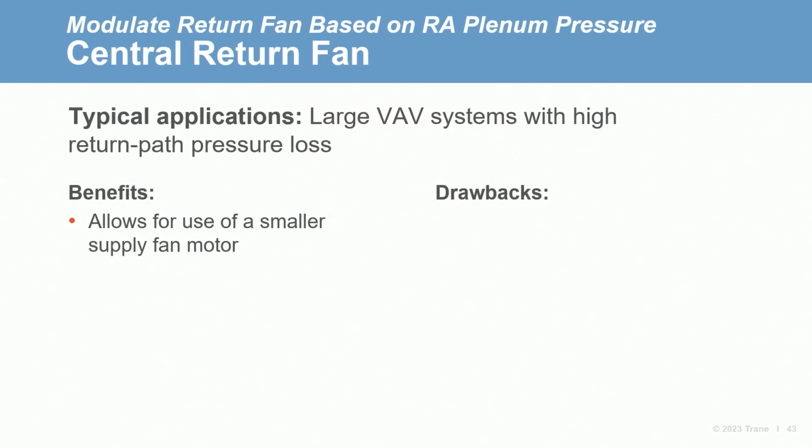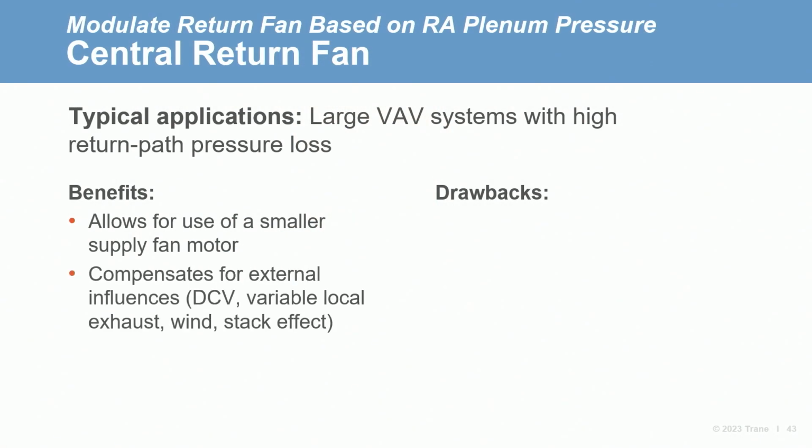This control method can provide stable control of building pressure when a return fan is used, because it allows the system to compensate for changes due to airside economizing, demand-controlled ventilation, wind, stack effect, or local exhaust fan operation. It also allows the building pressure set point to be changed seasonally if desired.